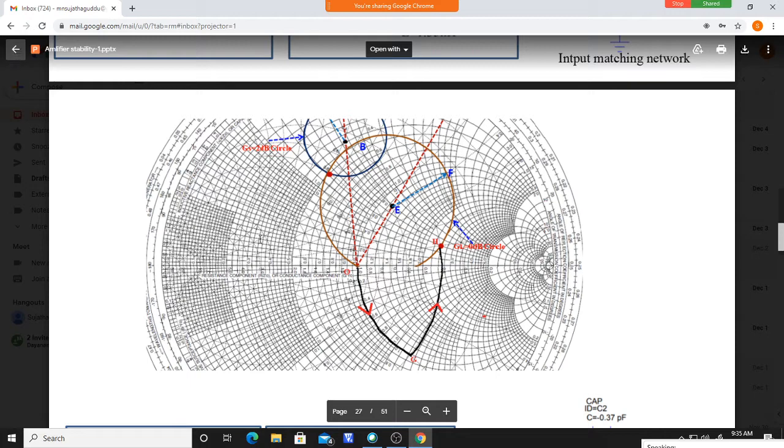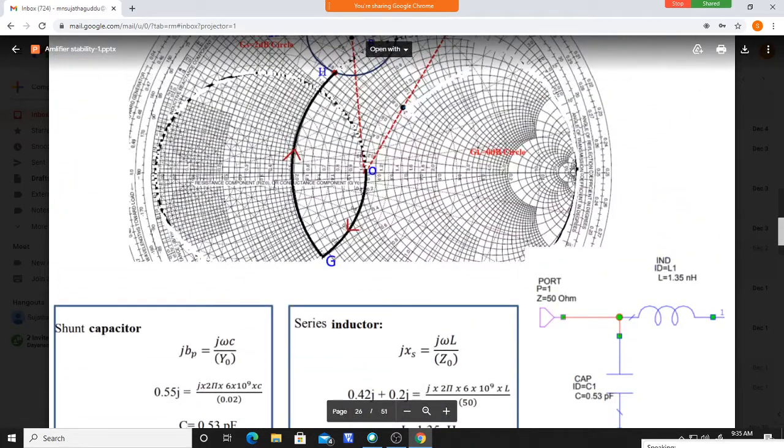Okay, so we will see how to design this impedance matching network. This we will see now.